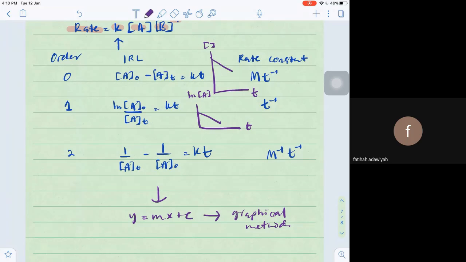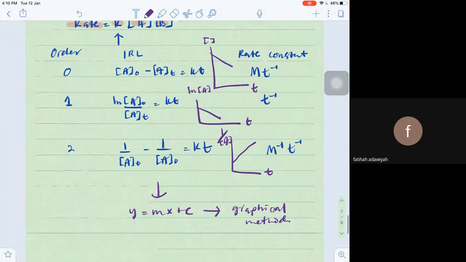As for the second order reaction, we have to plot a graph of 1 over concentration versus time. Then we'll get a linear graph. This is a graphical method to determine the order.